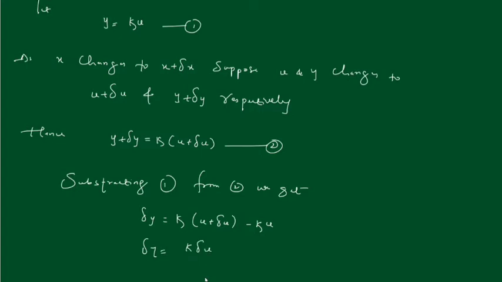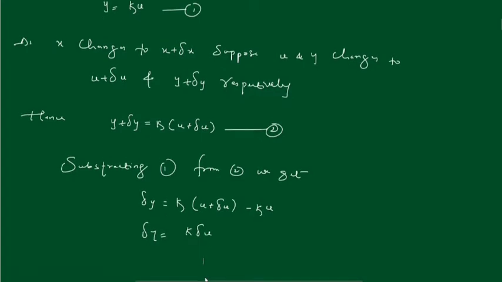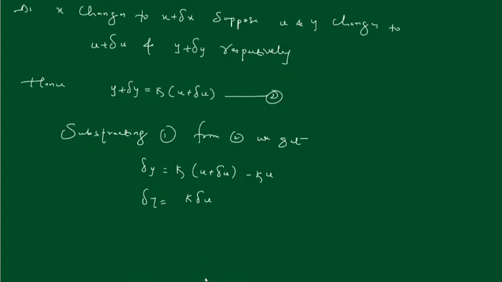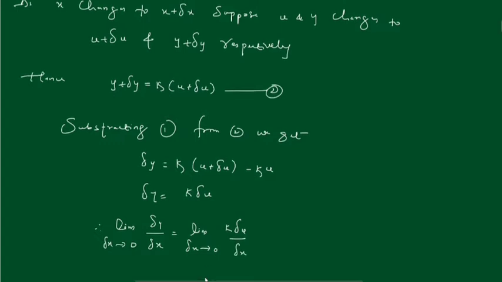Only k delta u remains. So now limit delta x tends to 0, delta y by delta x is equal to limit delta x tends to 0, k delta u by delta x.